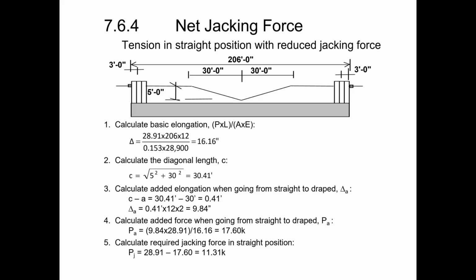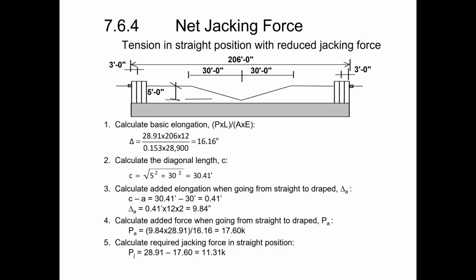To get everything in the same units, we're going to multiply our bed length by 12 so that we've got consistent inches in the numerator and the denominator. We've got our force in kips and our modulus of elasticity in kips per square inch, so we've got consistency in our force units. That gives us a basic elongation of 16.16 inches.